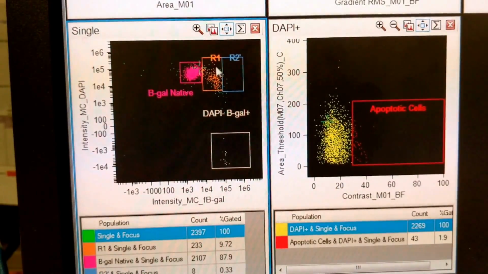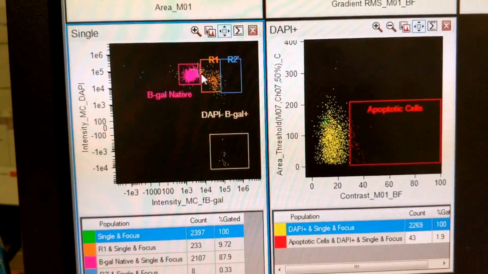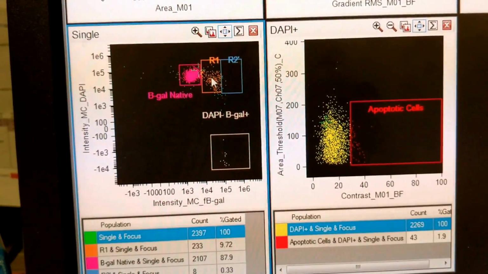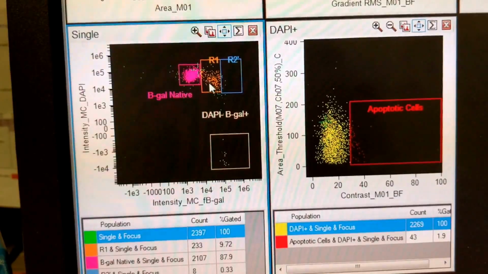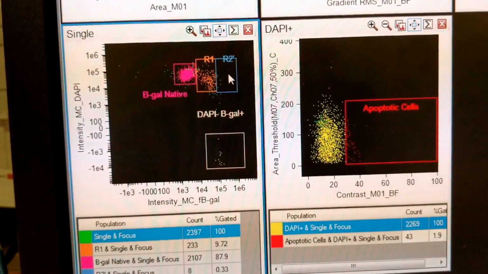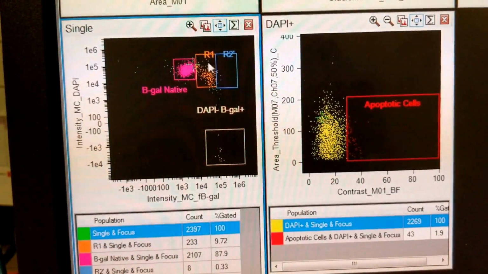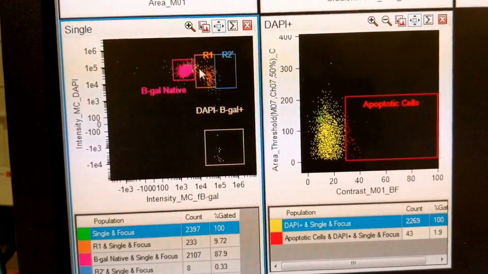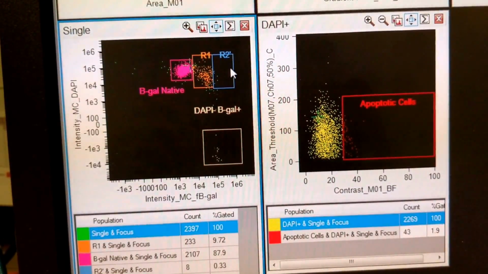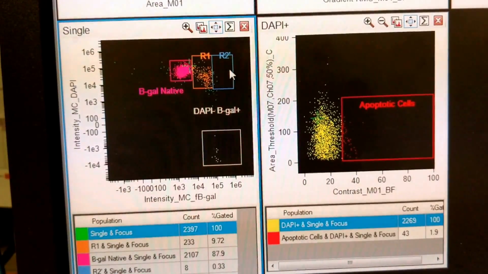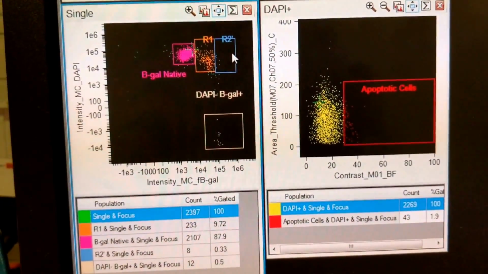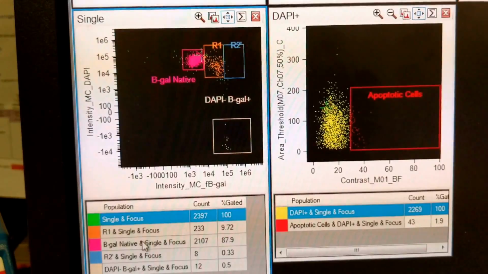So I created these two quadrants. So any increase that is coming from etoposide should be seen in either R1 or R2 quadrant. And I repeat, any increase from etoposide should be seen in the R1 and the R2 quadrant. And let's start here.